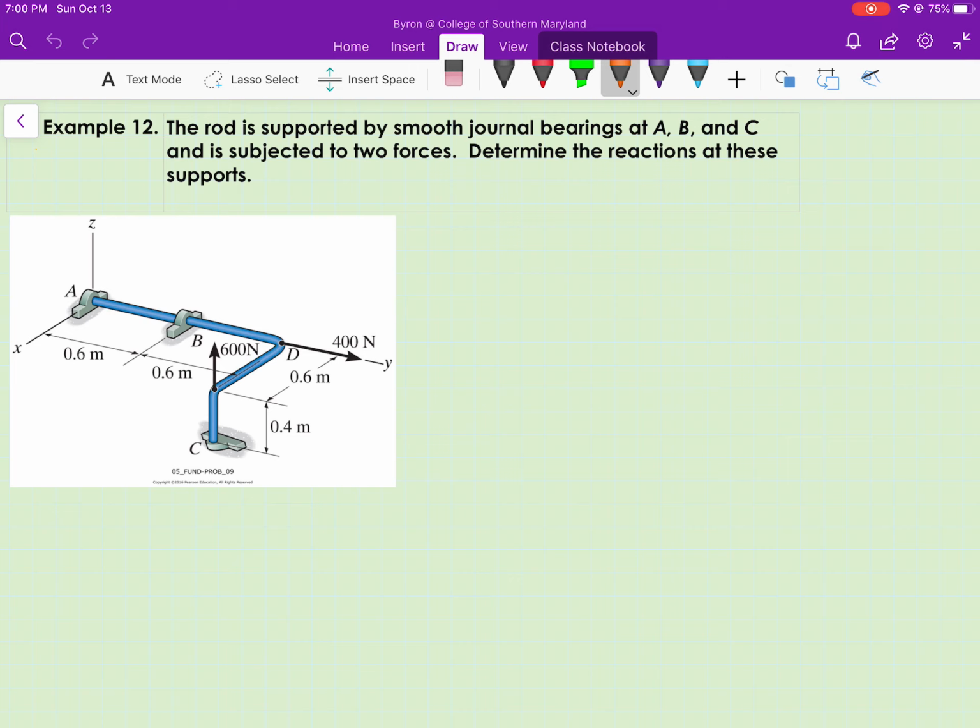So we'll start by drawing a free body diagram, and we look at our supports and see that we have smooth journal bearings. If we look in our table for support reactions caused by the different types of 3D supports, we would see that for a smooth journal bearing, and I'll use A for the example, we would show a force, we'll call it A sub x and A sub z.